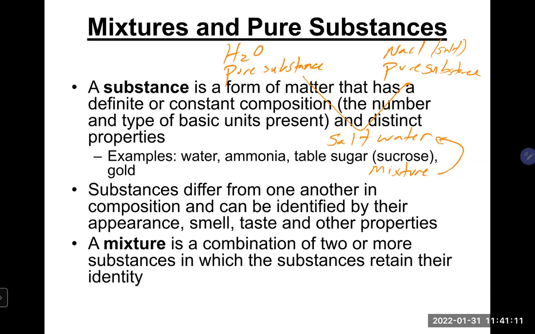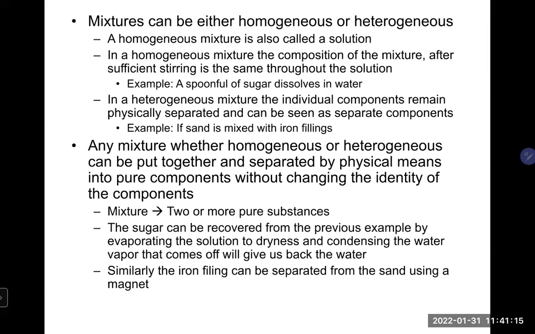So let's talk about the two different types of mixtures here. Mixtures can be a homogeneous mixture. A homogeneous mixture is a mixture where after sufficient mixing, everything looks the same throughout. So if I took the salt and some water and mixed it together, if I just looked at the beaker, it would just look like water, right?